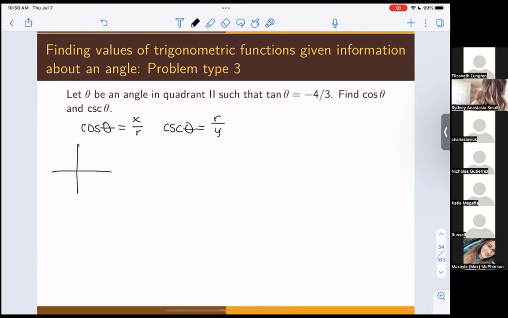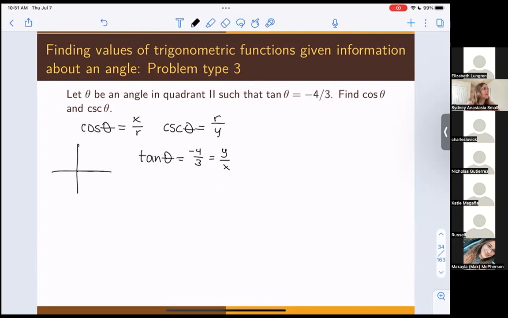Drawing our picture, we know that our angle is in quadrant 2 and the tangent is -4/3. So we know the tangent of theta is -4/3, and we know that tangent is y over x. So we can say the terminal side of our angle passes through the point x equals 3, y equals -4.